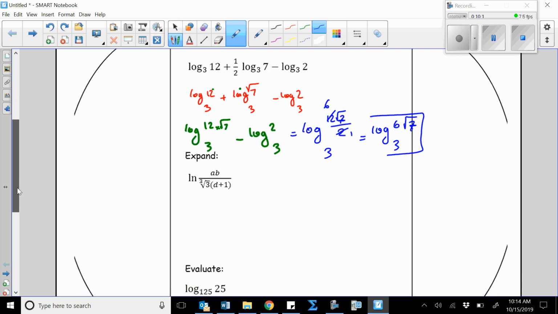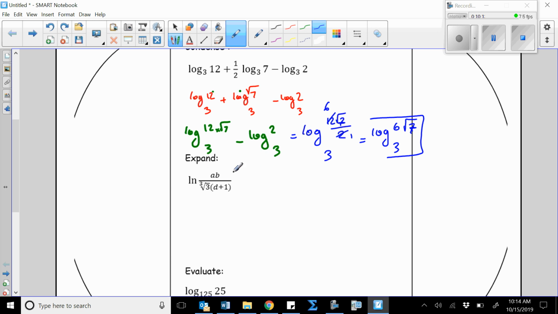The next problem is expanding. We already have one single log and we want to expand it to have several different logs. First of all, we know that if you have ln, that means it's actually log with base e. So we're just going to keep the ln. Look at the argument that we have.